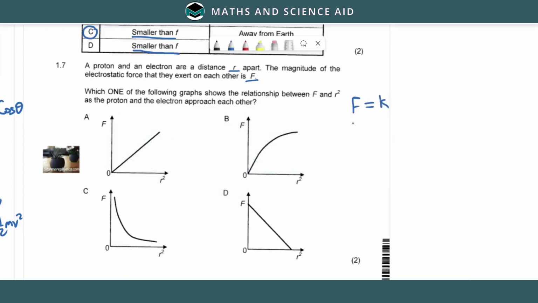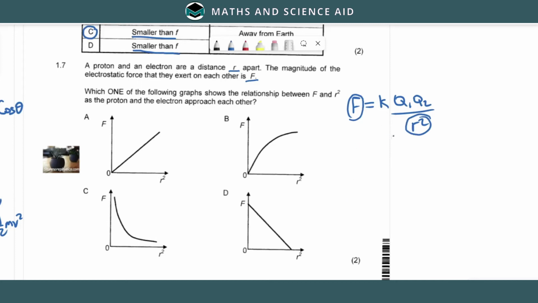We know that the electrostatic force between 2 point charges is given by k Q1 Q2, all divided by r squared. Okay, and now this graph here is supposed to be showing us the relationship between F and r squared, right?